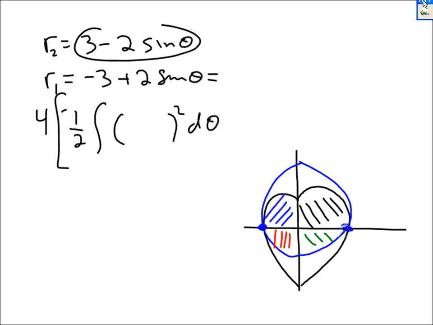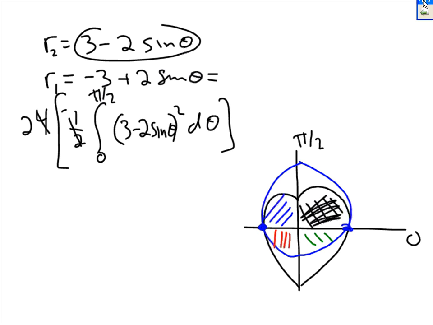Now, let me just do this one. This angle goes from 0 to pi over 2. So I do 3 minus 2 sine theta, squared, from 0 to pi over 2. And half for 4 is 2.